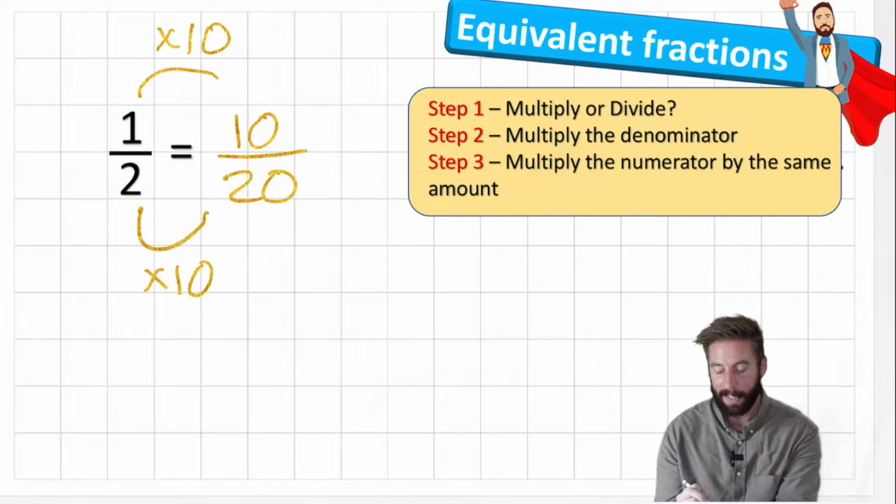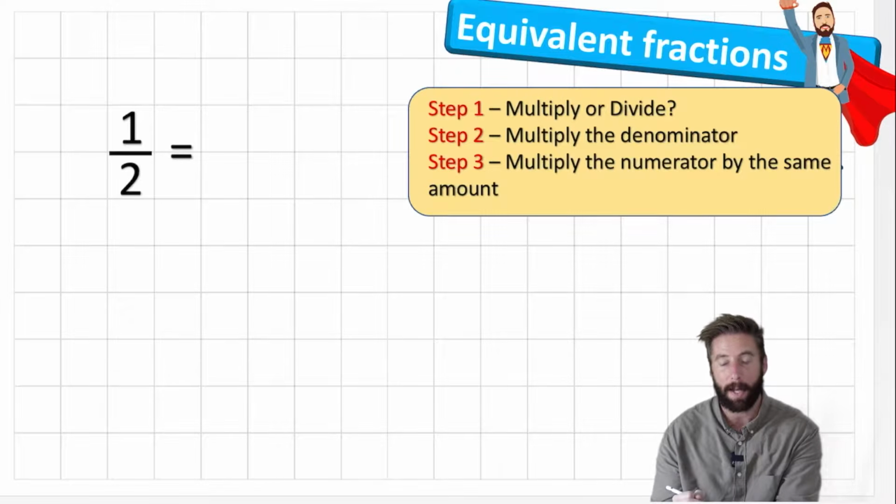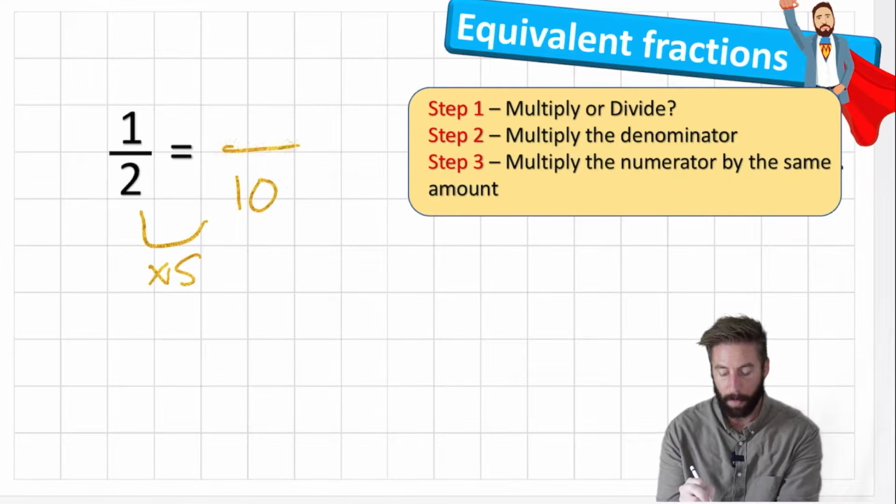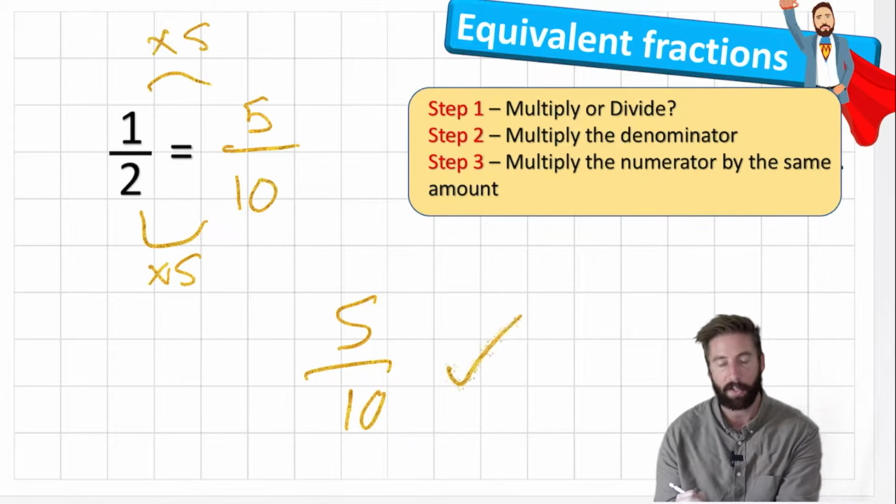Therefore, 10/20ths is an equivalent fraction to 1/2. And I could do this forever. There's an unlimited amount of times that I could find an equivalent fraction, depending on the numbers I multiply it by. Let's multiply it by 5. 2 times 5 is 10. 1 times 5 is 5. 5/10ths is an equivalent fraction.